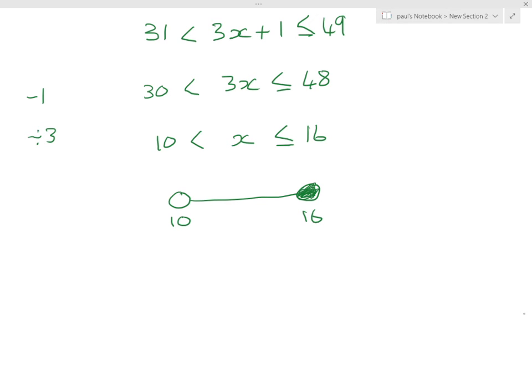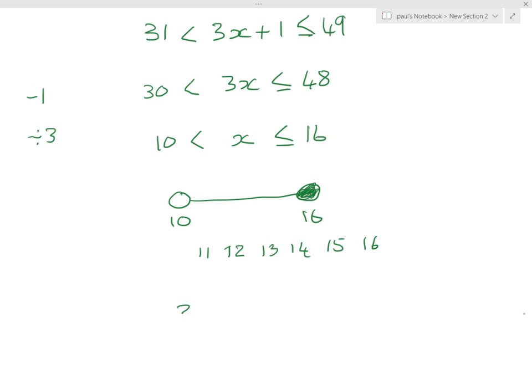So that is represented on a number line, and then you could say all the possible values of x would be 11, 12, 13, 14, 15, and including 16.